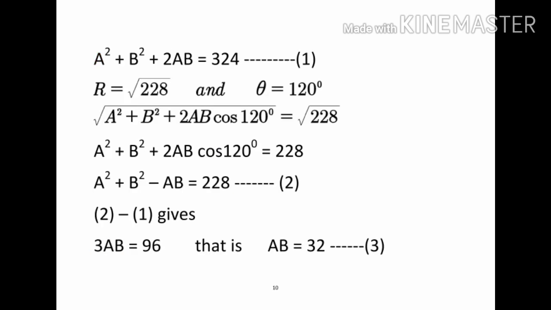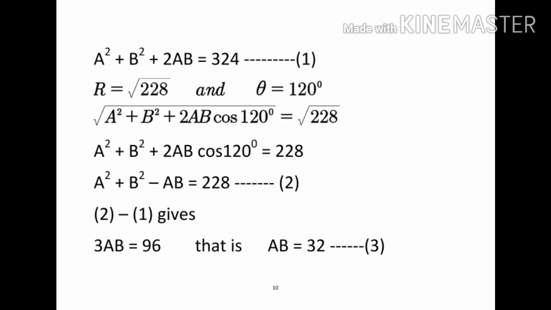Next, A square plus B square plus 2AB is equal to 324. That is taken as the first equation. Given that R is equal to root 228 and the angle between the two vectors is 120 degrees, root of A square plus B square plus 2AB cos 120 degrees is equal to root 228. So, A square plus B square plus 2AB cos 120 degrees is equal to 228.